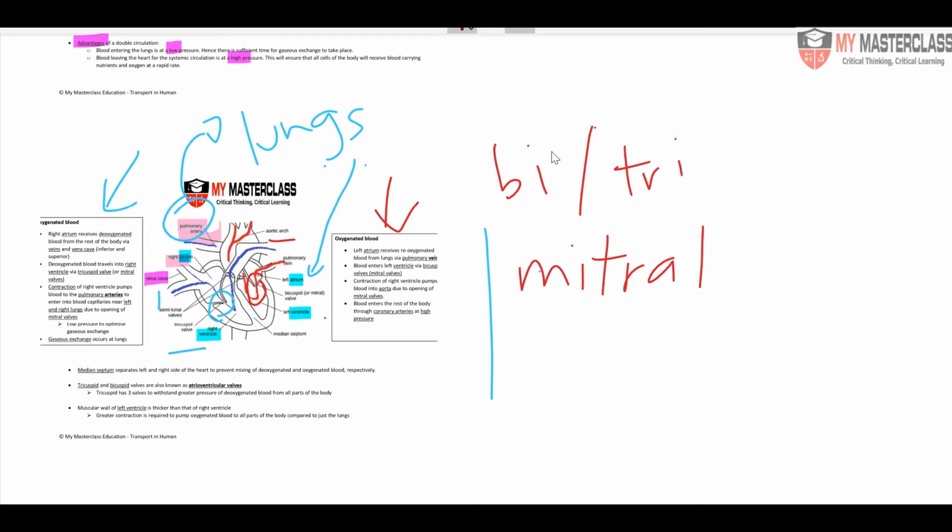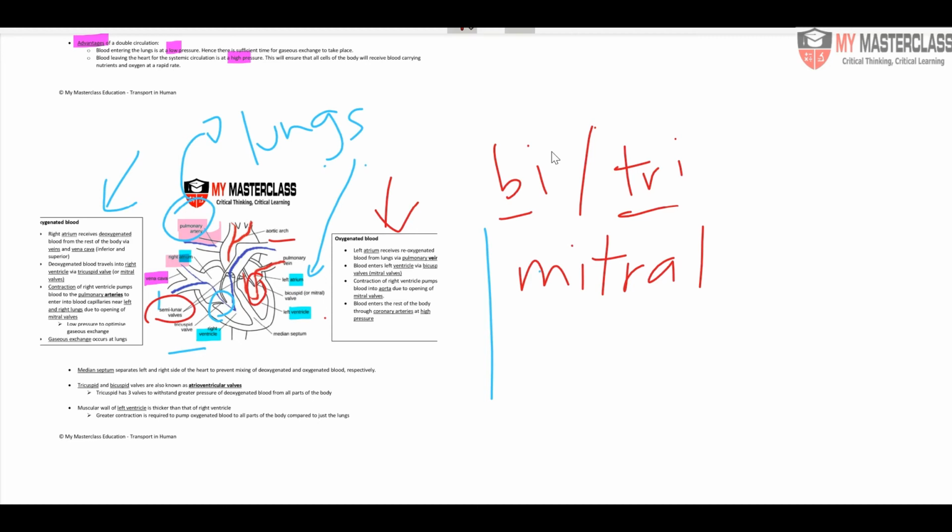But you will still have to learn the difference between these two and the reason behind it. What separates your left ventricle from your aortic arch, or your right ventricle from your pulmonary artery, are your semilunar valves.